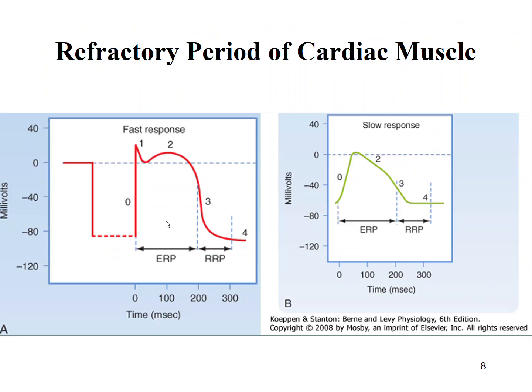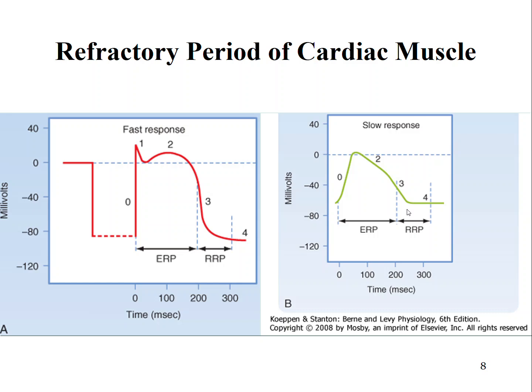So this is the refractory period in the fast response and the slow response. Look here. We have a refractory period in which an action potential cannot happen, and a relative refractory period. And this is the slow response, which also has a refractory period. But what's important here is that the refractory period in the slow response goes beyond phase 4.